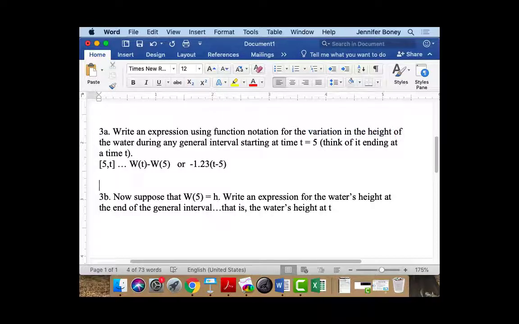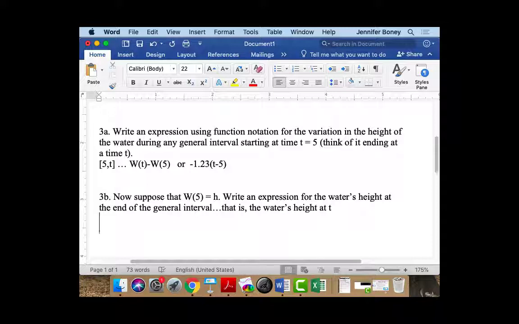So if I suppose that the height at time 5 is some general value h, and I want to express the water's height at the end, W of t, but I know the height at the beginning, W of 5, thinking about, oh, well, this is just assigning values to this, so this W of 5 is h, so I can call this h. And I want to write an expression for W of t. Well, I know the height at the beginning.